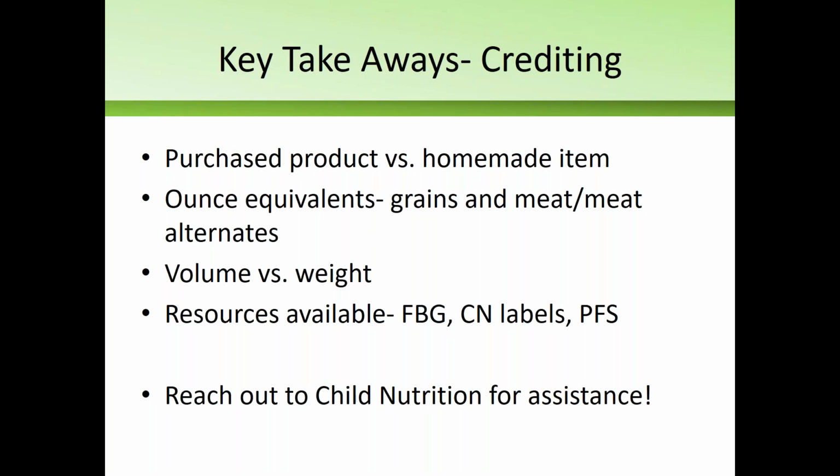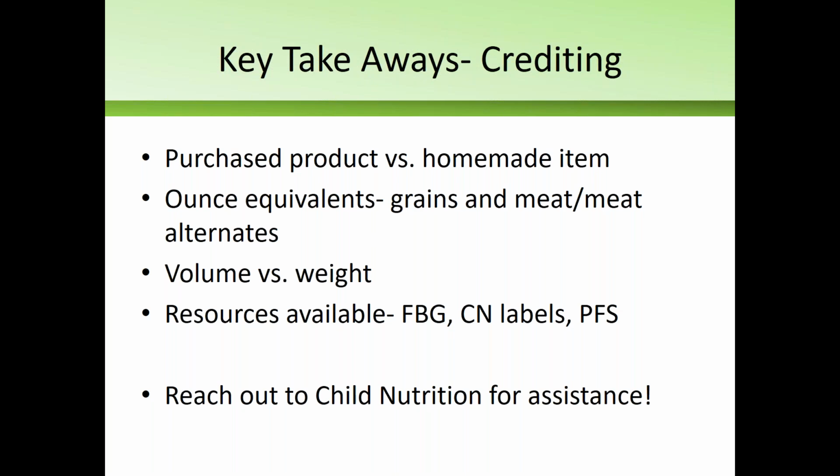So here are some takeaways from the presentation. We've talked about a lot of information up until this point. It's a lot of information to digest, but I wanted to mention these concepts as it might be helpful in breaking down crediting in a little easier way.